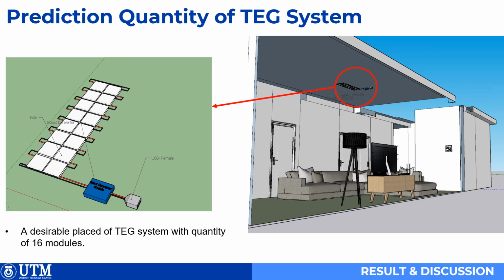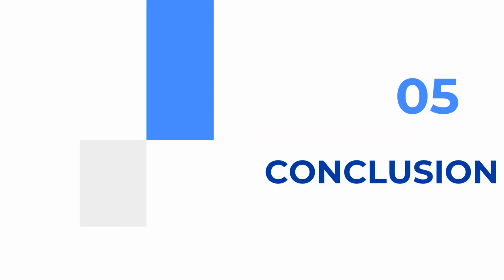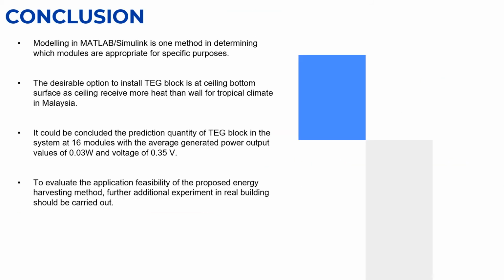This picture shows where the TEG system should be mounted, and the quantity of modules needed is about 60 modules. For the conclusion, modeling in MATLAB Simulink is one method of determining which modules are appropriate for a specific purpose. The desirable option to install the TEG block is at the ceiling bottom surface, as the ceiling receives more heat than the wall in the tropical climate of Malaysia.